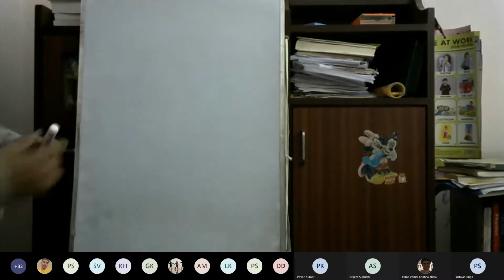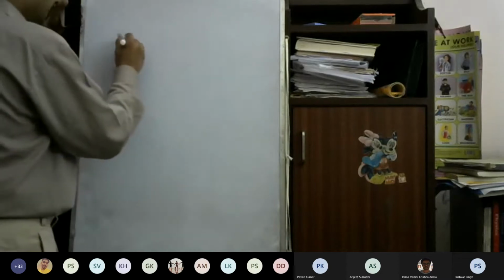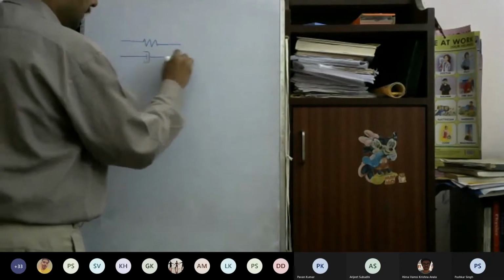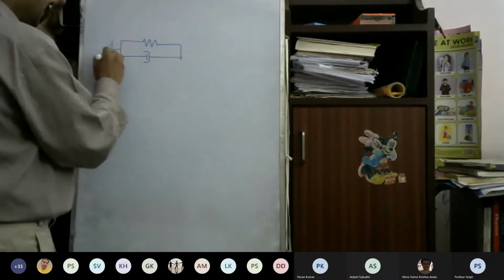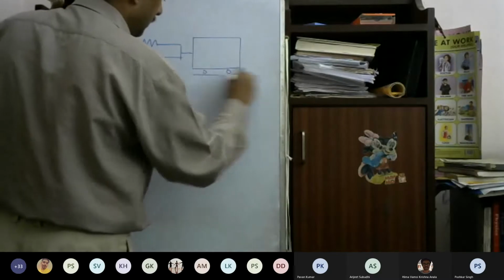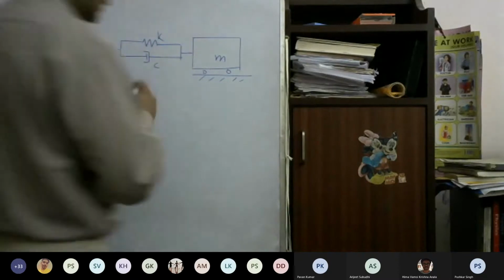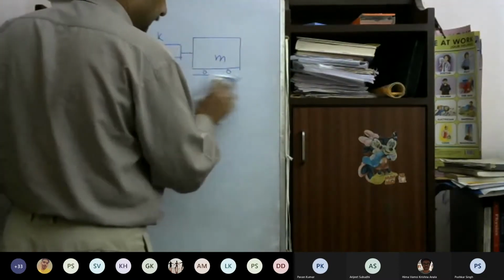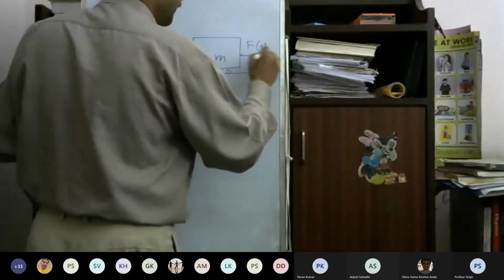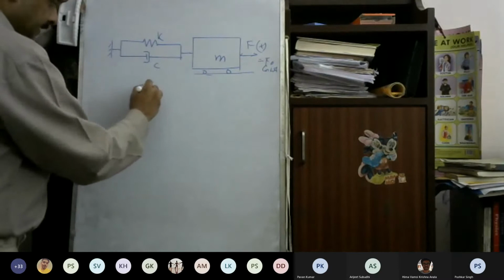Okay, so now we have seen x(t). Now we have a damper, and forcing is present. Now let me summarize: F(t) is equal to F naught cosine omega t.